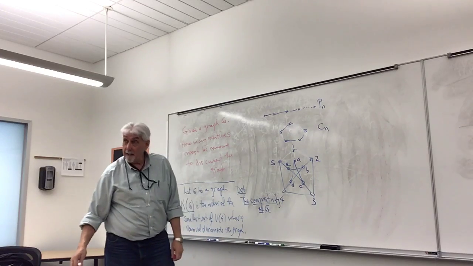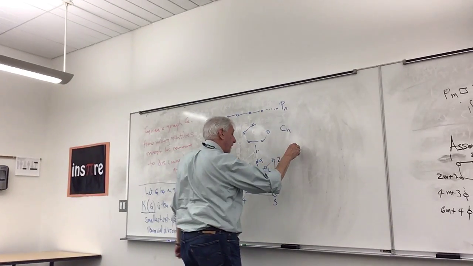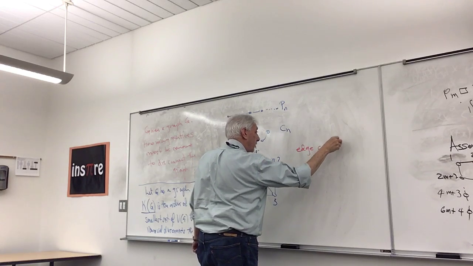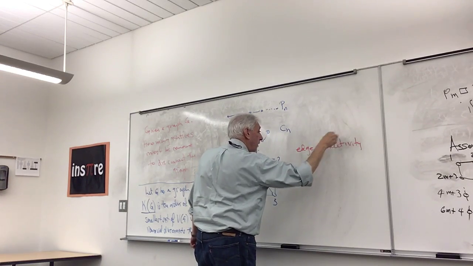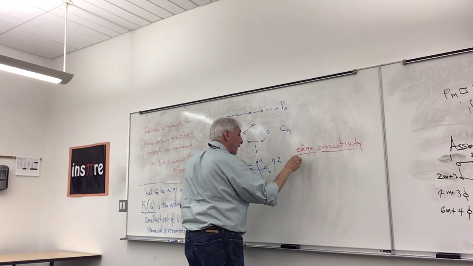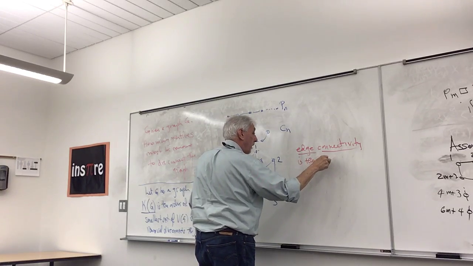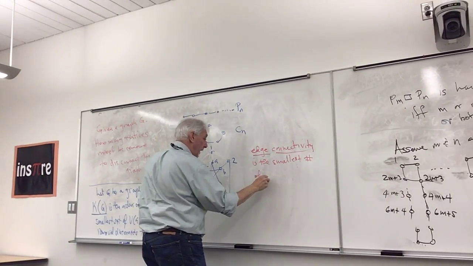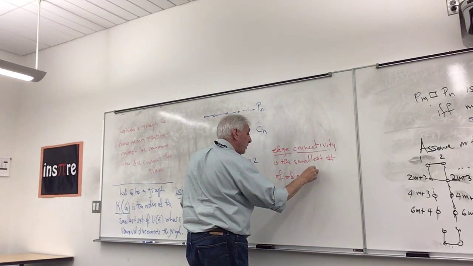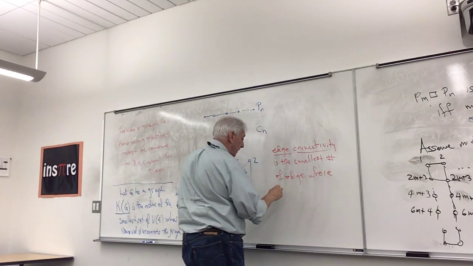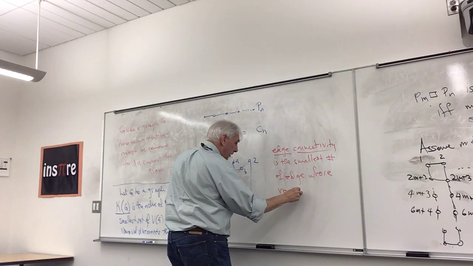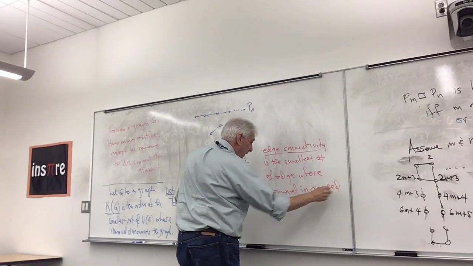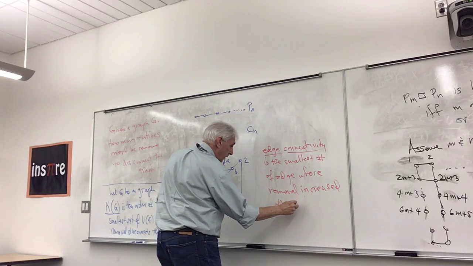By the way, the edge connectivity, let's put this definition up. The edge connectivity is the smallest number of edges whose removal, and this is a little bit different, whose removal increases the number of components.